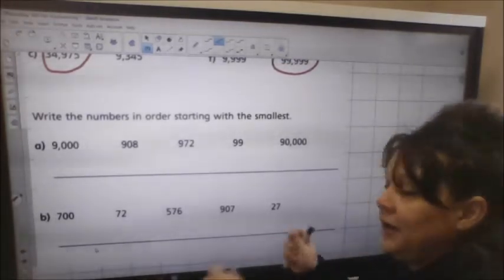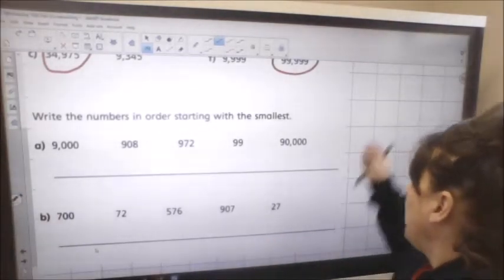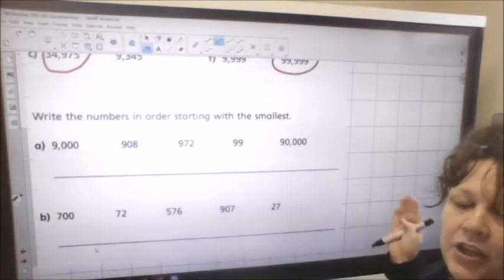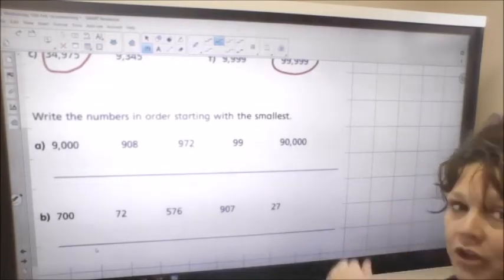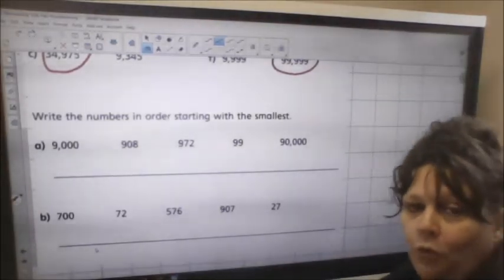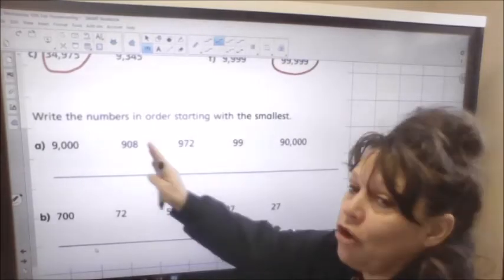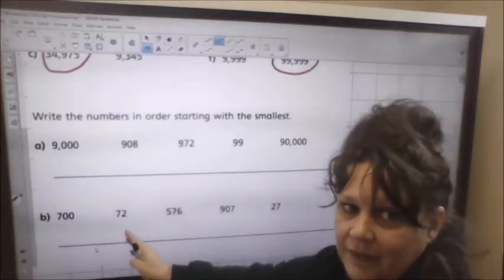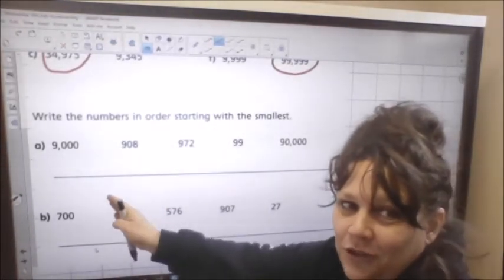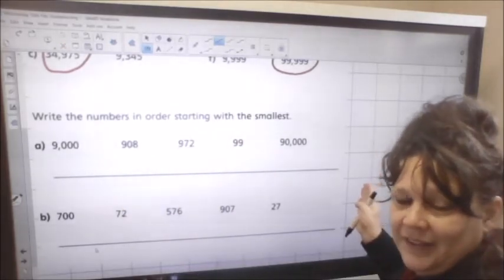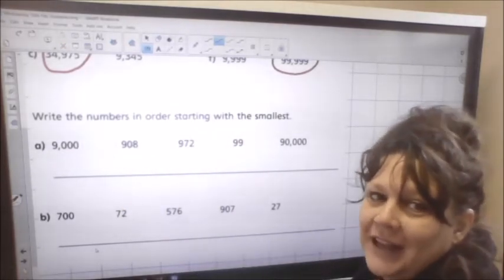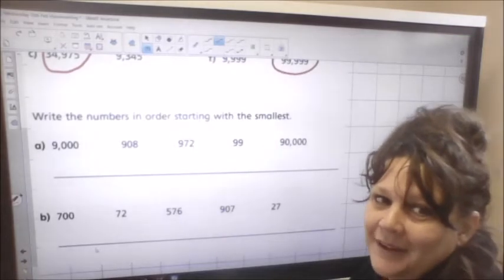If you are unsure, draw yourself your grid and put the numbers on, and it'll be really obvious which goes where. You start with the smallest and end up at the biggest. Pause the video, have a little go at these, and put them in order.